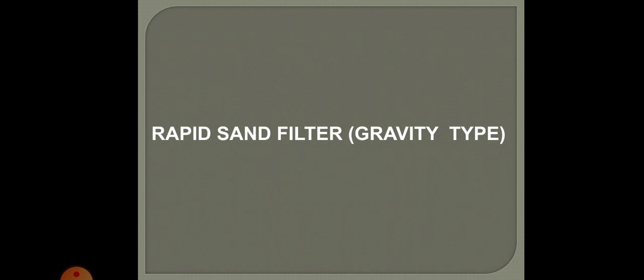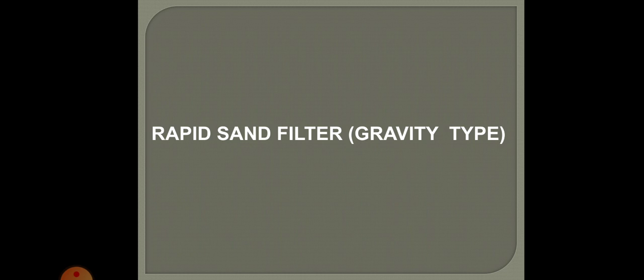Firstly, the effective size and the uniformity coefficient of the filter media being used. Then the rate of filtration. In slow sand the rate of filtration is very low, and in rapid sand it is high. Then the filtration head, the method of cleaning the filter, and also the frequency of cleaning.